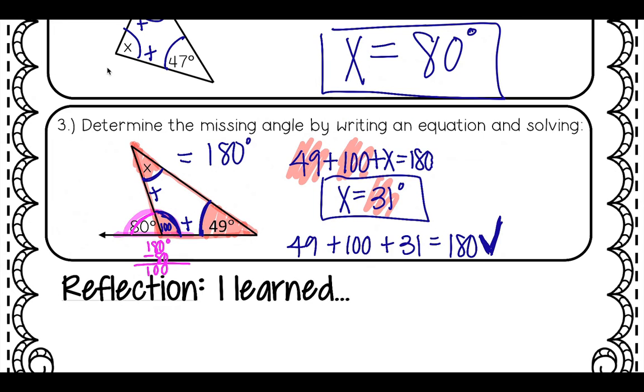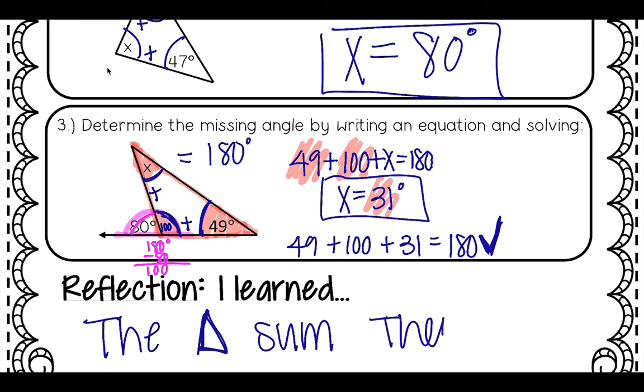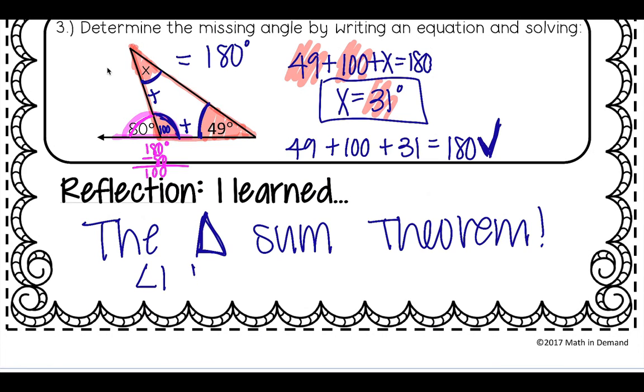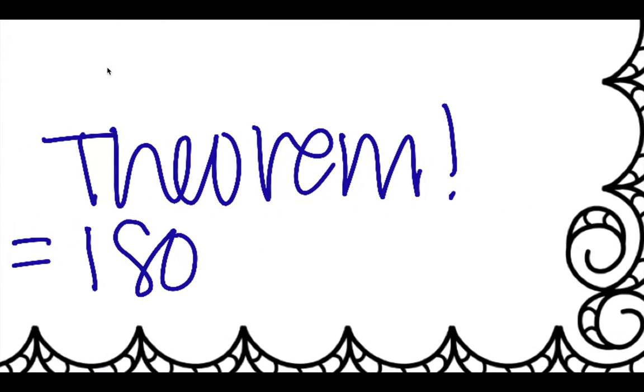So for my reflection, I learned the triangle sum theorem, which means that angle 1 plus angle 2 plus angle 3 all equal 180 degrees. But Miss Miller likes pictures because she can't deal with all these words.